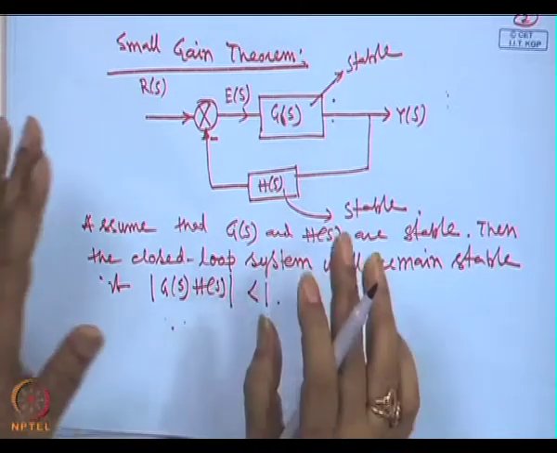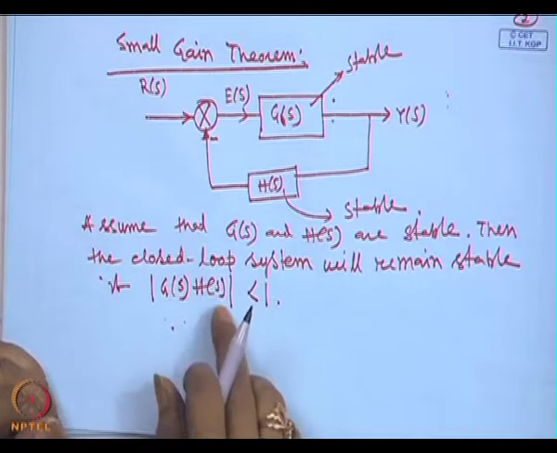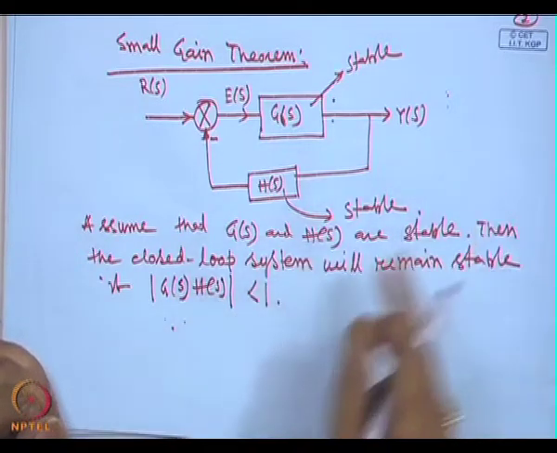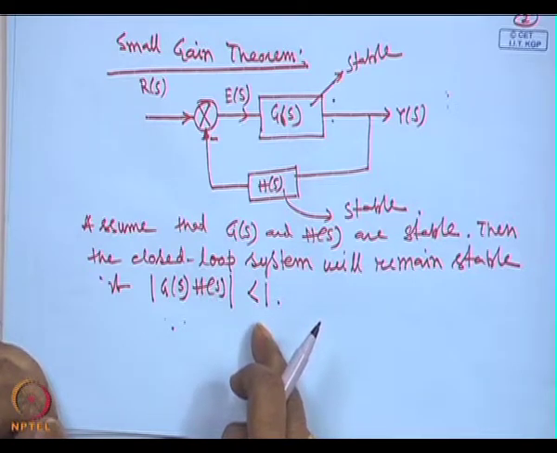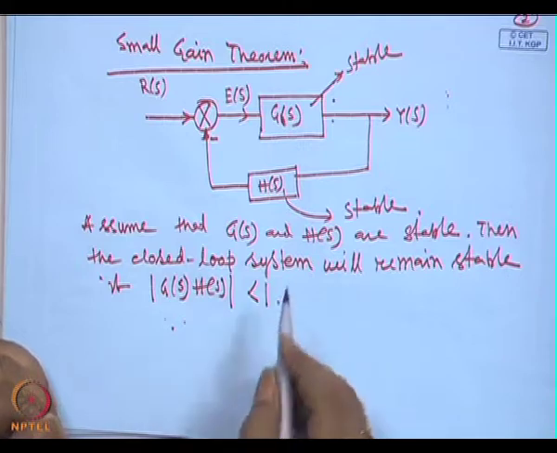How? It is just the Nyquist stability criterion. Since G(s)H(s) is stable, for all frequencies the Nyquist plot should not encircle the -1 point. That means the magnitude of this will be less than 1.